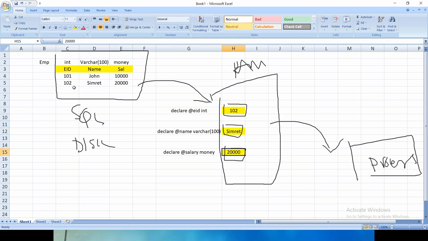Now if you have 1 million data, you should not say that I will create 1 million variables. No, you create only the number of columns, only one set. You're going to be supplying row by row, and the processor is going to be getting this. Clear? So this is the permanent storage, and this is the RAM, and this is how you're going to be supplying the data to your language.